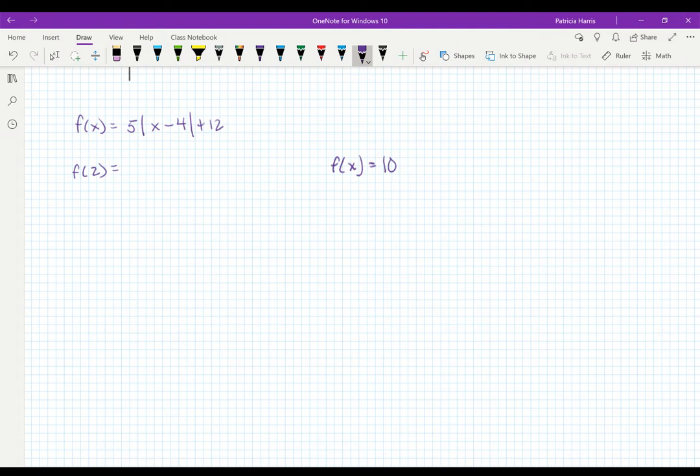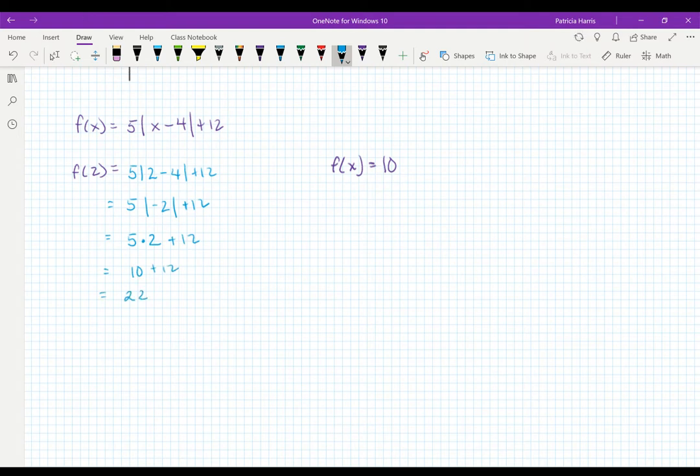When you are asked for f of 2, what you're going to do is simply, wherever you see an x, place a 2, and evaluate, just like that.